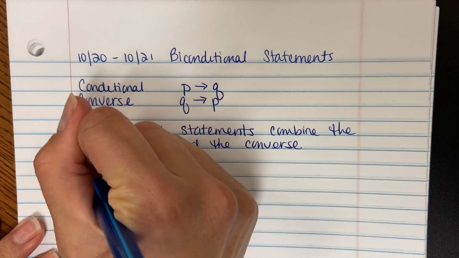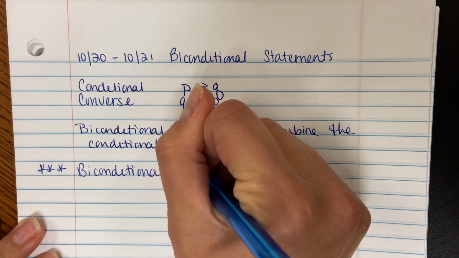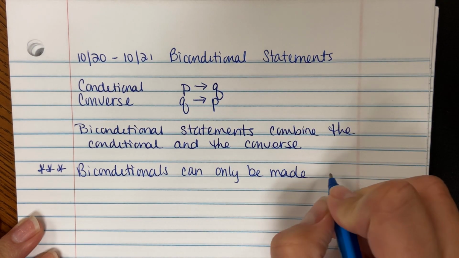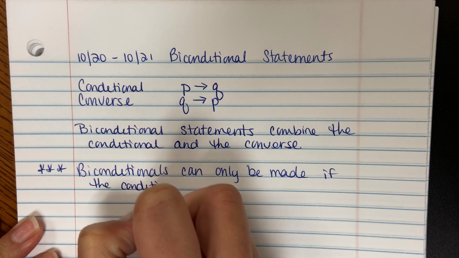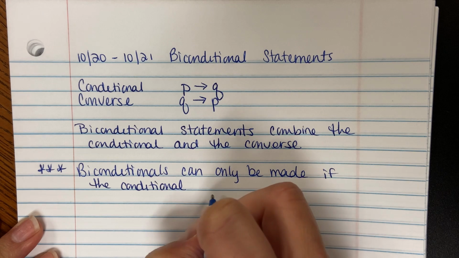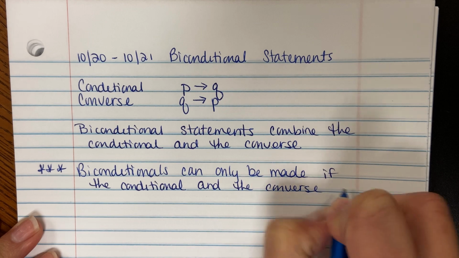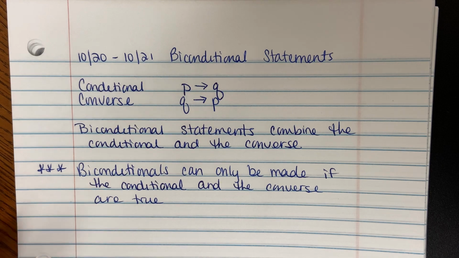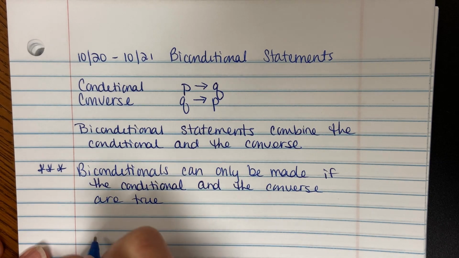So biconditionals can only be made if the conditional and the converse are true. If one of them is false, you just say, I can't do it. Like, you can't write a biconditional. Doesn't exist.